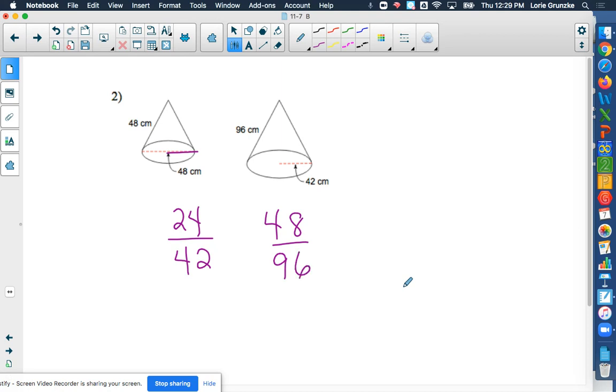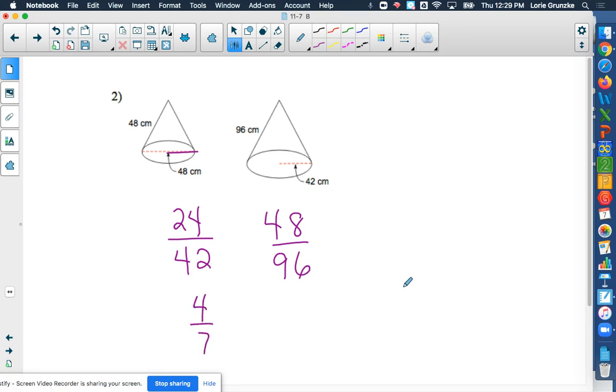So take your calculator. I think that's what I would do first. 24 divided by 42, or ABC. Oops, second. I hope you got 4 over 7.